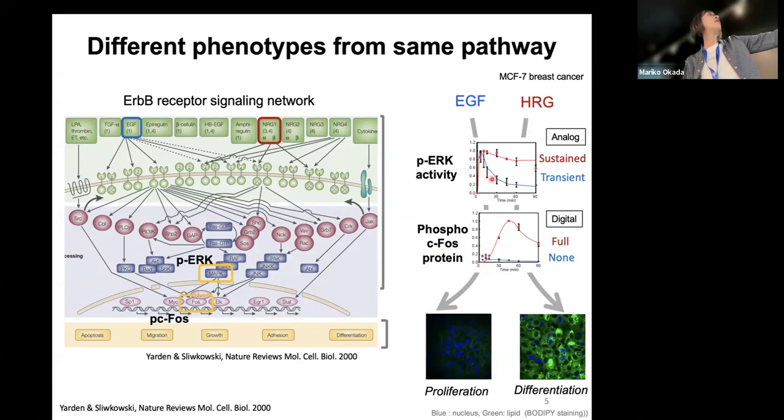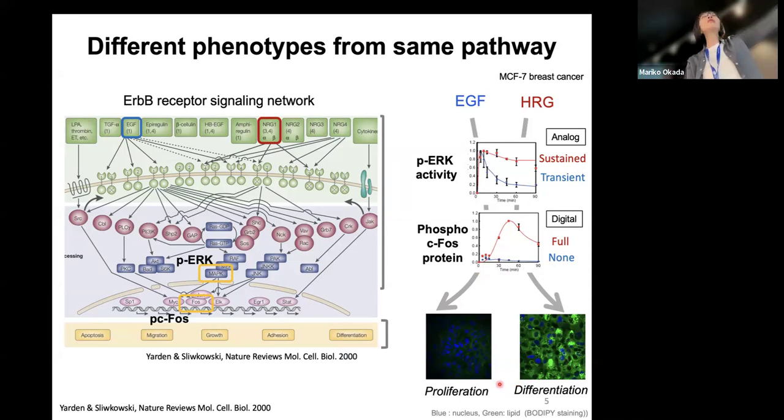Even though EGF shows this transient activity, at the level of C-FOS protein activation it's nothing, but heterogeneity shows a full activation. And then they go to differentiation and proliferation again, so different phenotypes.